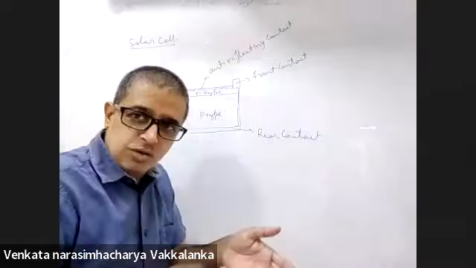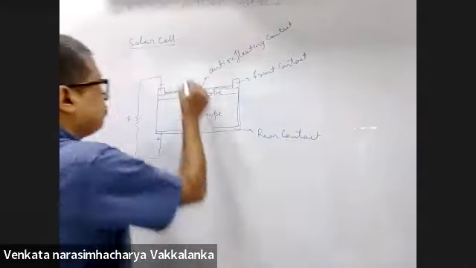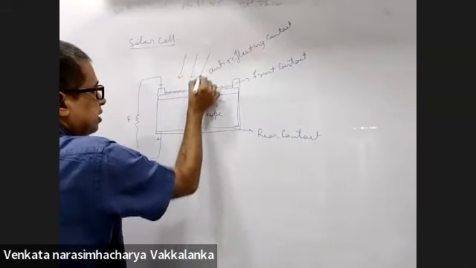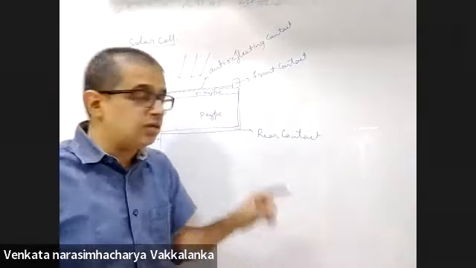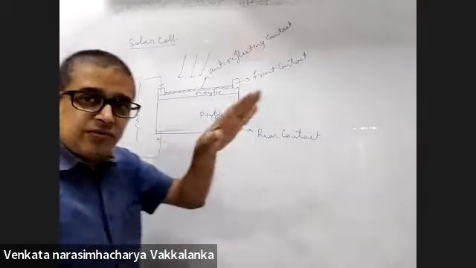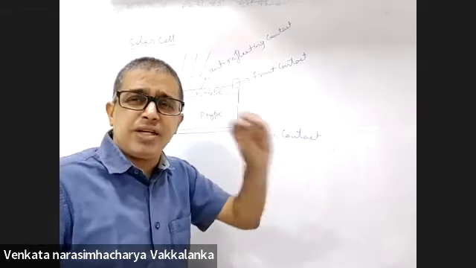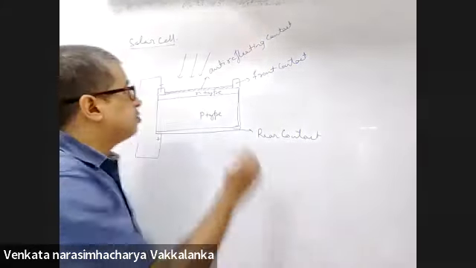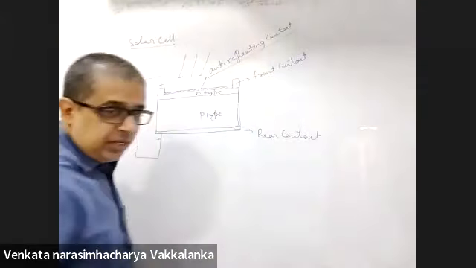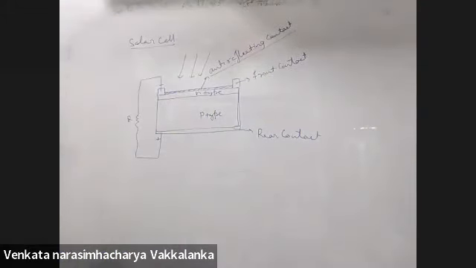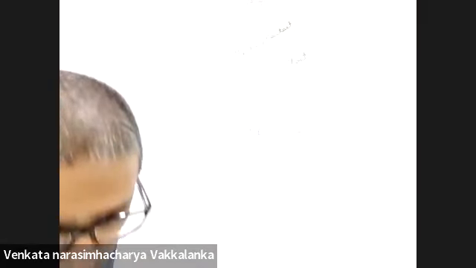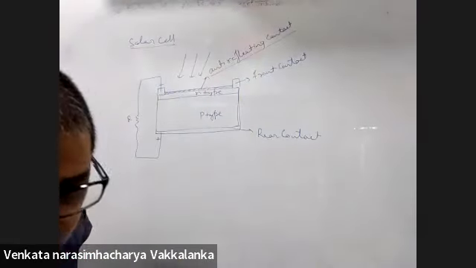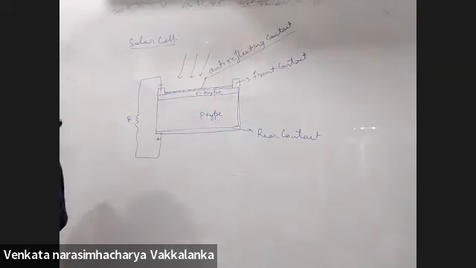Solar cell works on the solar energy which falls on it. If solar energy falls on it and gets reflected, the whole equipment will be a waste. So they need a contact which will make sure that reflection is minimal. So this is an anti-reflecting contact layer, and that's a must, which allows visible light to pass through it.